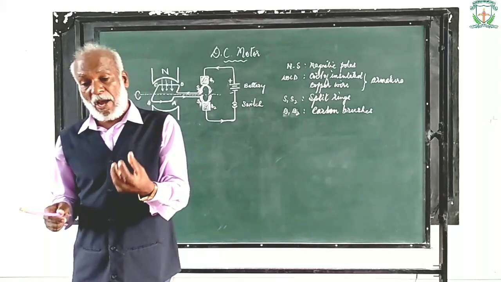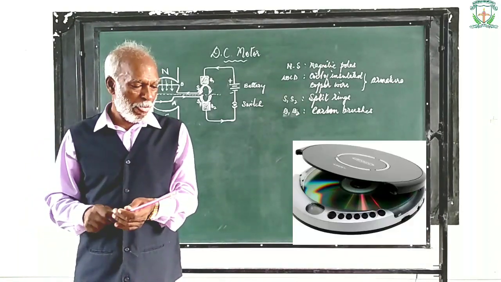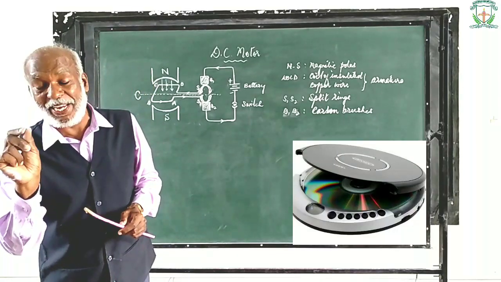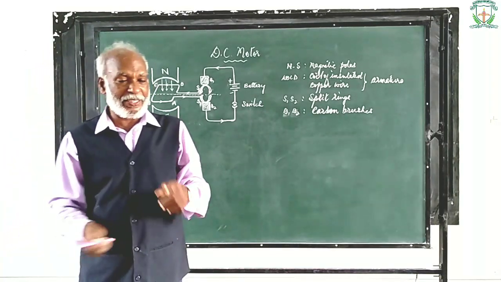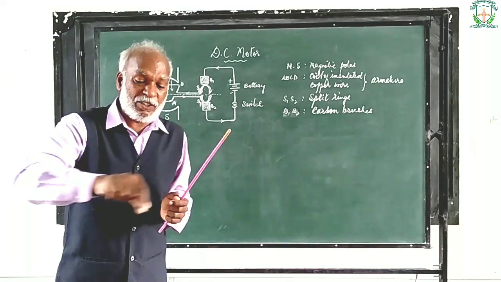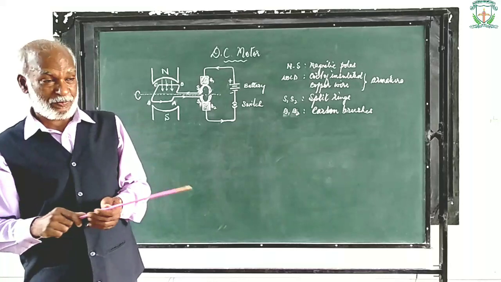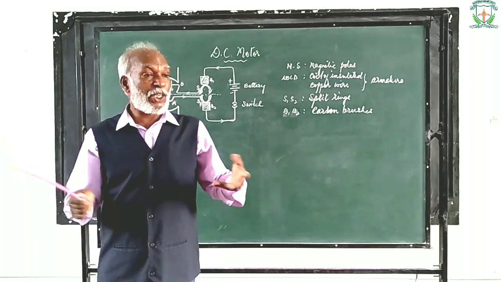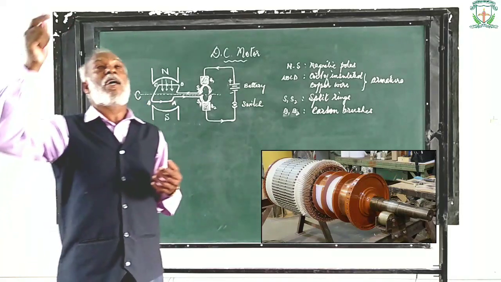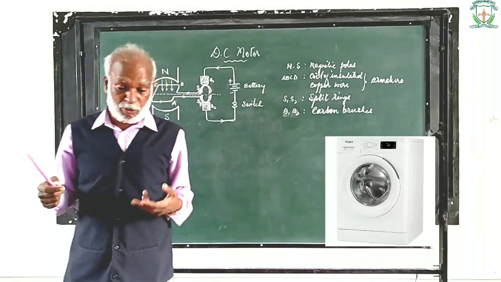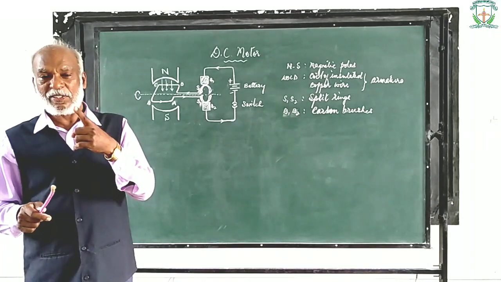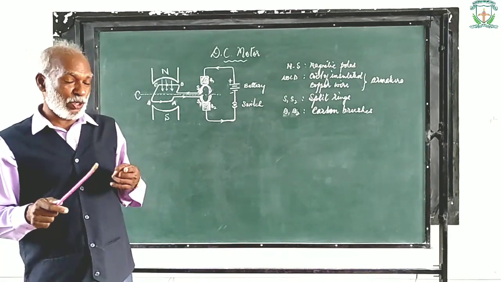At home you have, for example, a CD player, wherein you see a small miniature motor. Electrical energy is used to run that motor, and that motor spins the compact disc. In industries, huge machineries are run using electric motors. Your ceiling fan, your washing machine, your mixer grinder, all these contain an electric motor.